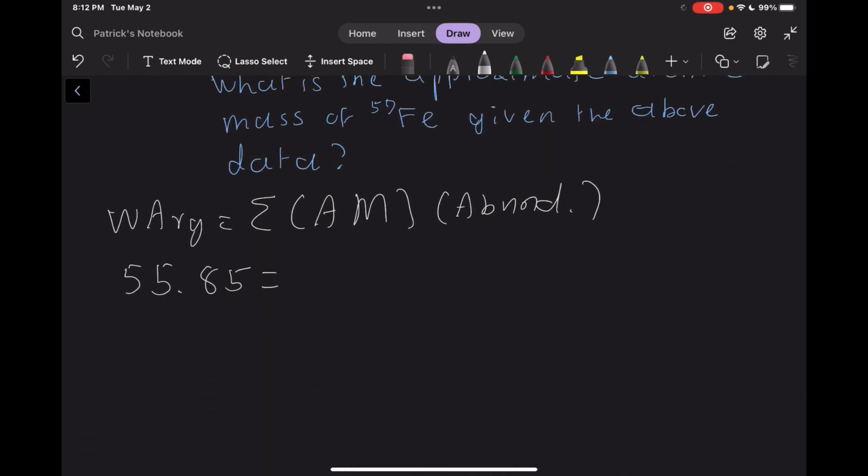We also have all the abundances and all but one of the atomic masses, so we write all those values on the opposite side of the equal sign, and leave the variable y to equal the unknown value, which is the atomic mass of iron 57.